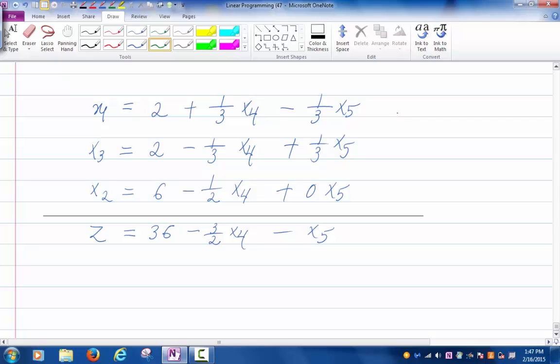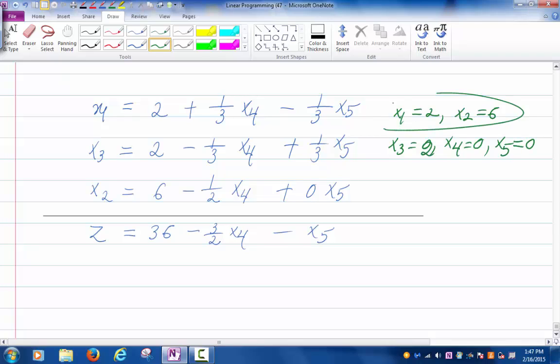One more dictionary here. So here the solution is X1 is 2, X2 is 6, X3 is 0, X4 is 2, right? And then X5 is 0.